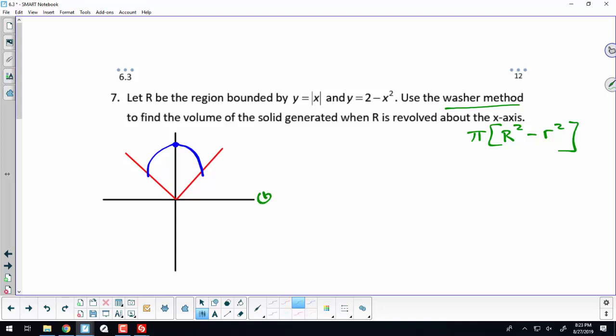So we're revolving around the x-axis. My cross-sections for the disk and washer method need to be perpendicular to the axis of revolution. So those have thickness dx. So I guess there's two ways to approach this.